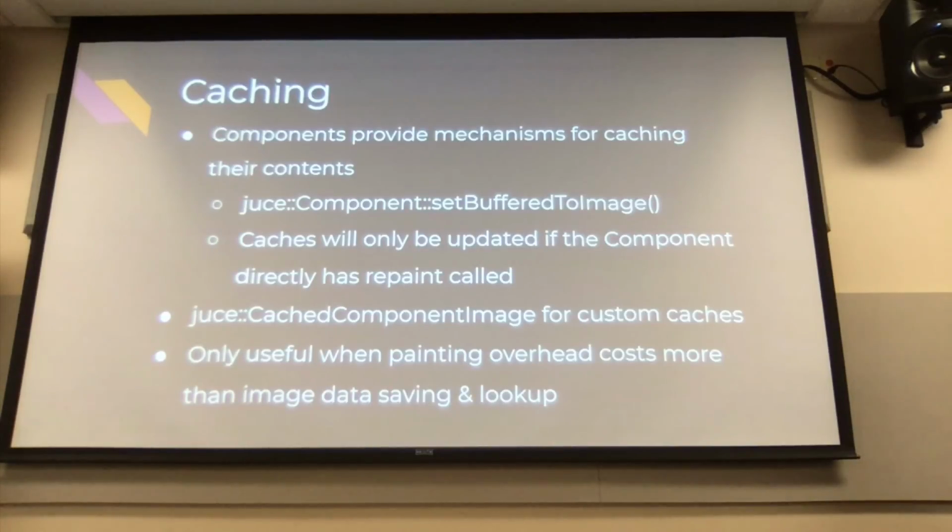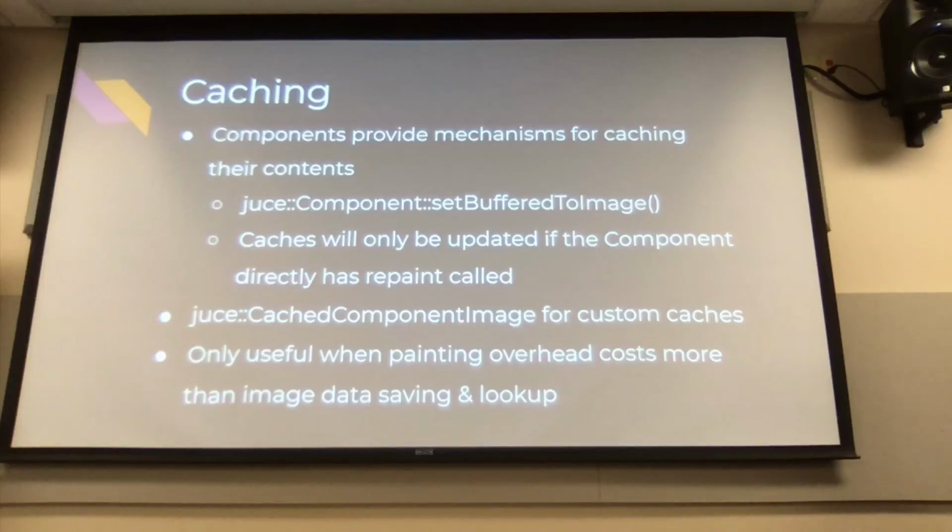But it doesn't have to invalidate that backing buffer all the time if you don't need it to. So it's an easy way to do the caching for a component by just using the repaint interface. When you call repaint, it refreshes. And if you want to use just a smaller region, it'll know how to invalidate that for you.